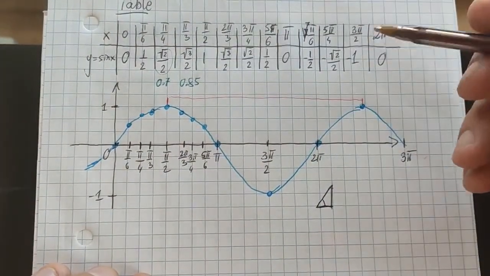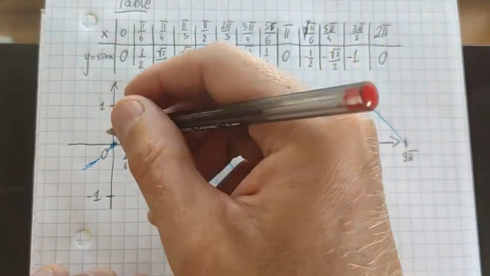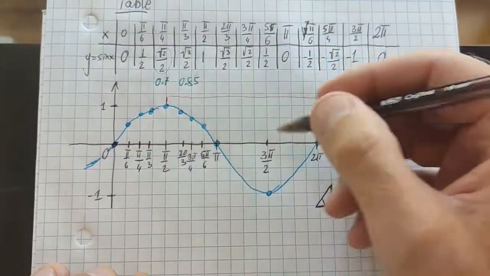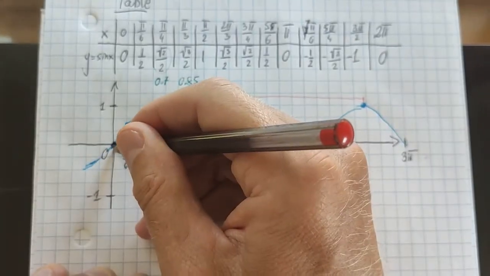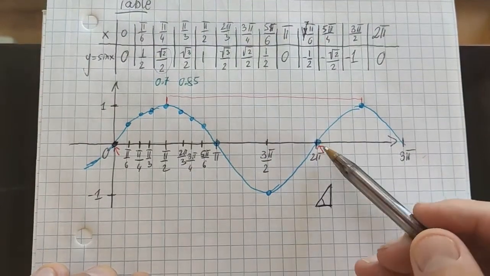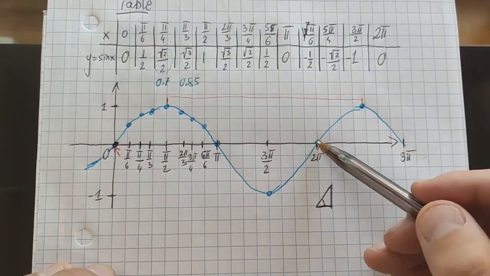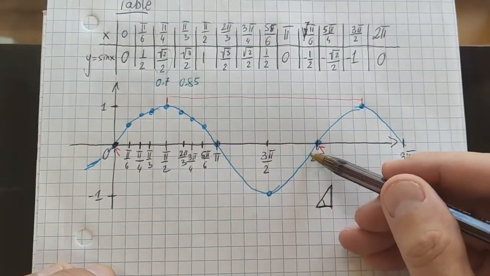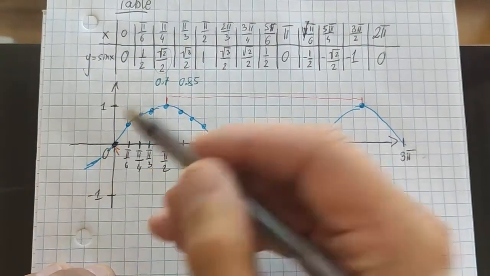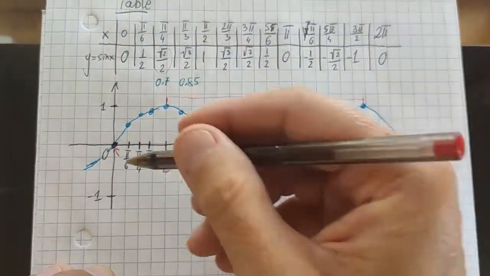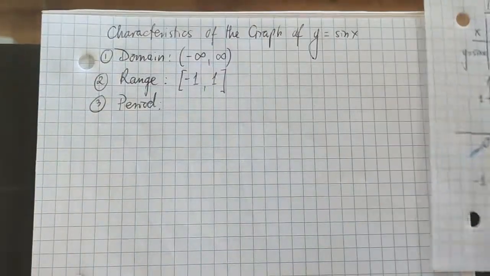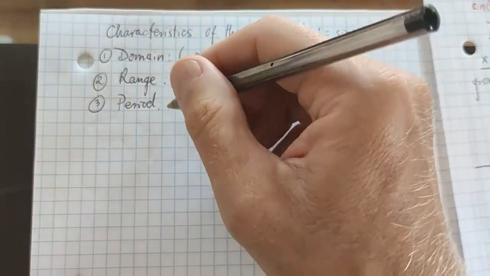It's not that easy to see that it's 2 pi, but if I look at this point and this point, after 2 pi the graph repeats. I'm again on an uphill motion here after 2 pi, just like I was here. So this is my period, and the period is 2 pi.